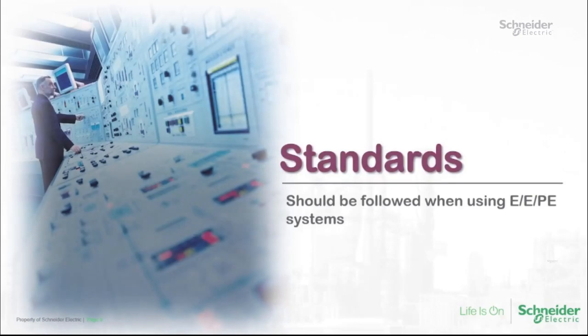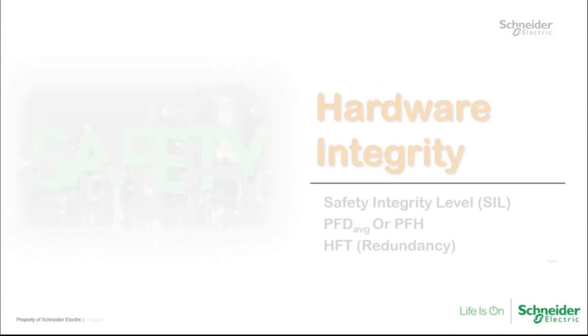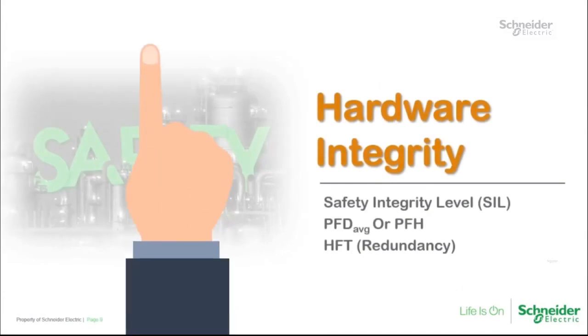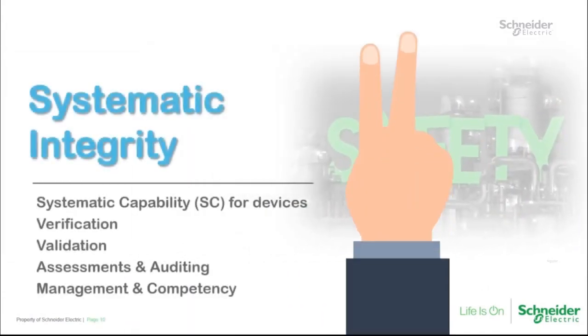Whenever we are going to design electrical, electronic, or programmable electronic systems, we need to follow certain guidelines or standards, because these standards and guidelines will help us to address both hardware integrity as well as systematic integrity.